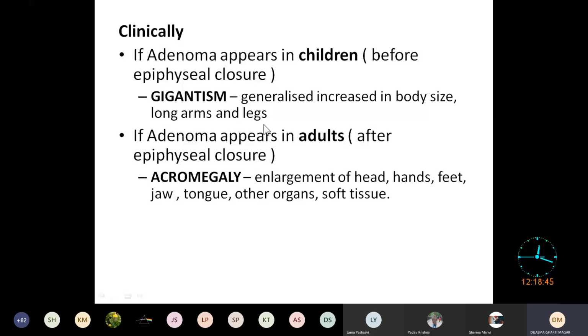Do you know the meaning of epiphyseal closure? Epiphyseal closure means, in the bone, whenever children are growing kids, isn't it? They will have the epiphysis, and whenever they reach the age of 18 to 25, then that epiphyseal cartilage, isn't it, becomes bone.